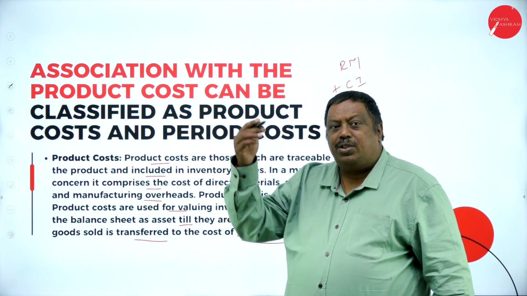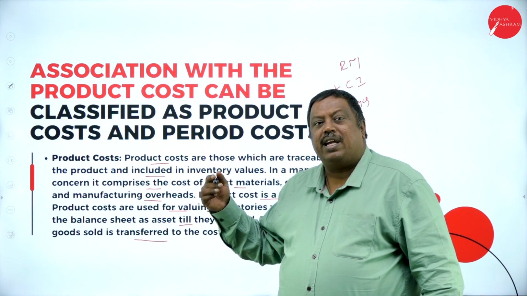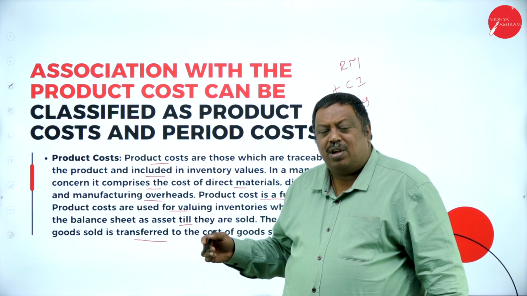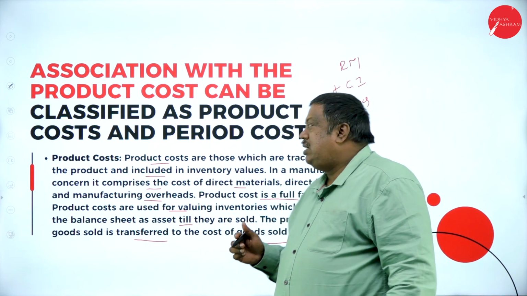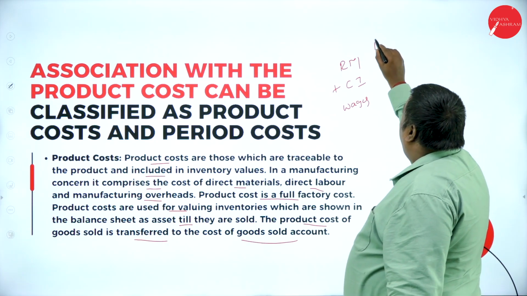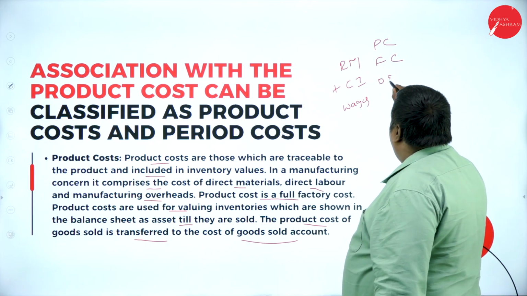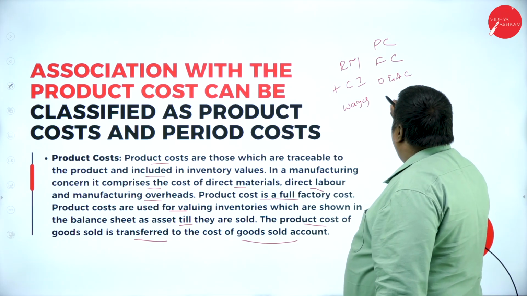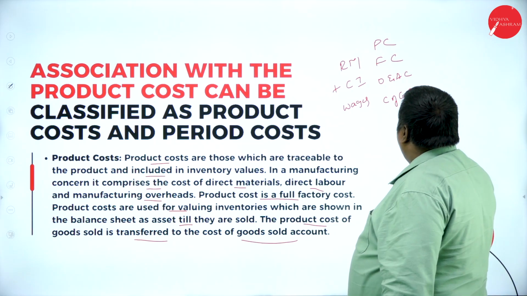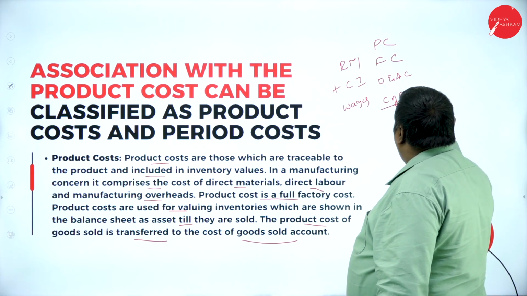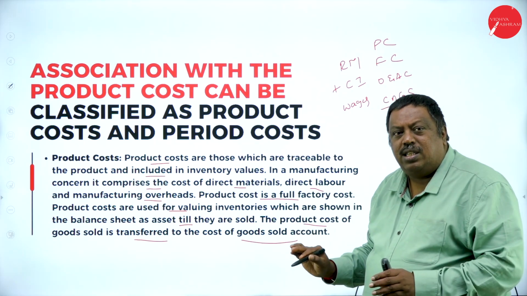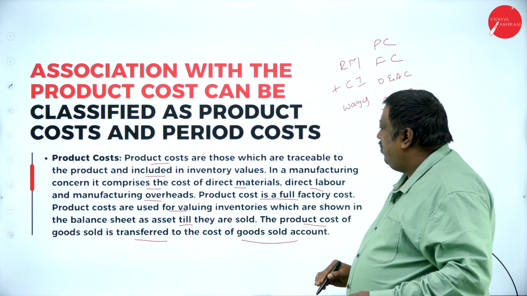Means in the cost sheet, whatever amount we get for cost of goods sold is our product cost. So we have prime cost, factory cost, office and administration cost, and then cost of goods sold. Till here, whatever value we get is called product cost.